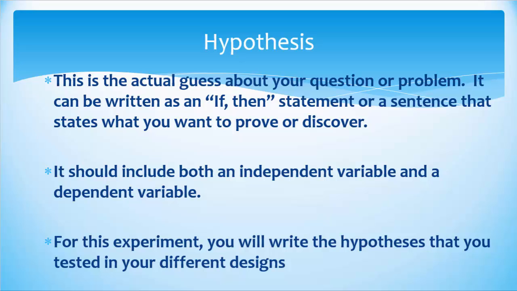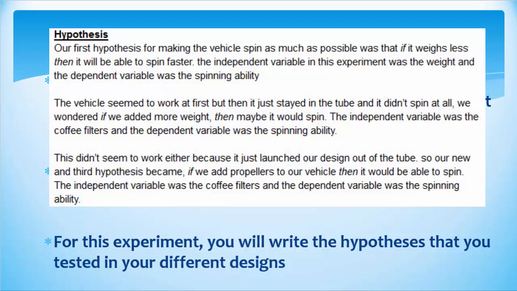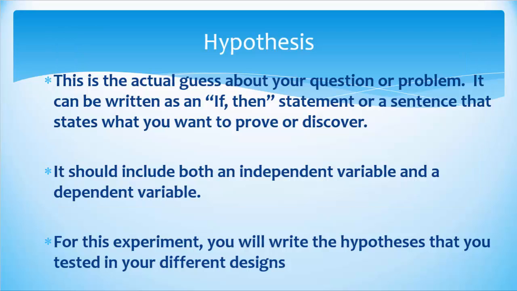But you want to show me how your hypothesis changed over time. So if that worked, then your next one might be, that worked really well, so we thought the next time we might add some more irregular materials that helped it spin around inside the tube. You're going to have at least 3, hopefully more, hypotheses that you walk me through. Again, in your hypothesis section, you should be walking me through how your thought process changed over time as you refined your design and made it better suited to your task.